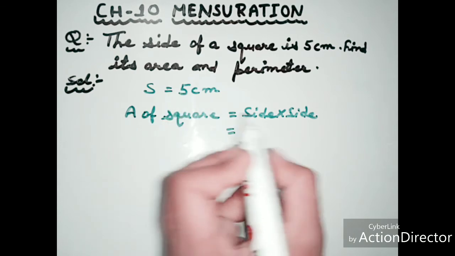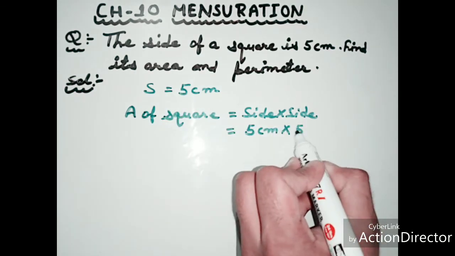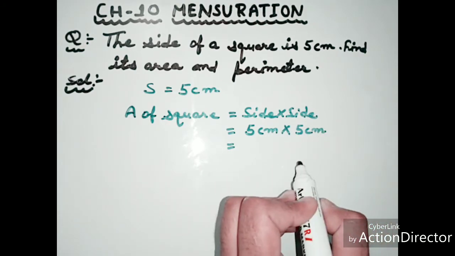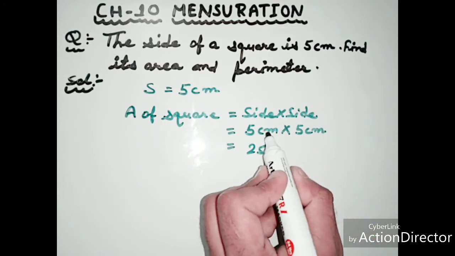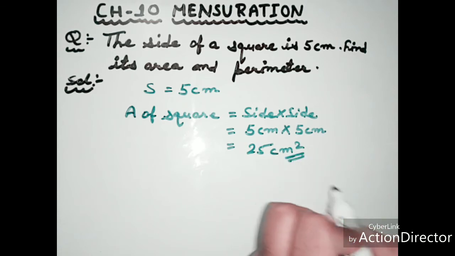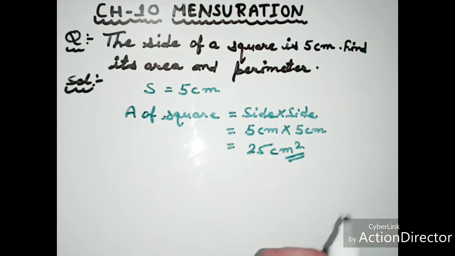So here the value of side is 5 centimeter. We put the value of side, 5 centimeter multiplied by 5 centimeter. 5 5s are 25, and we write the unit in centimeter square. So the area of the square is 25 centimeter square.